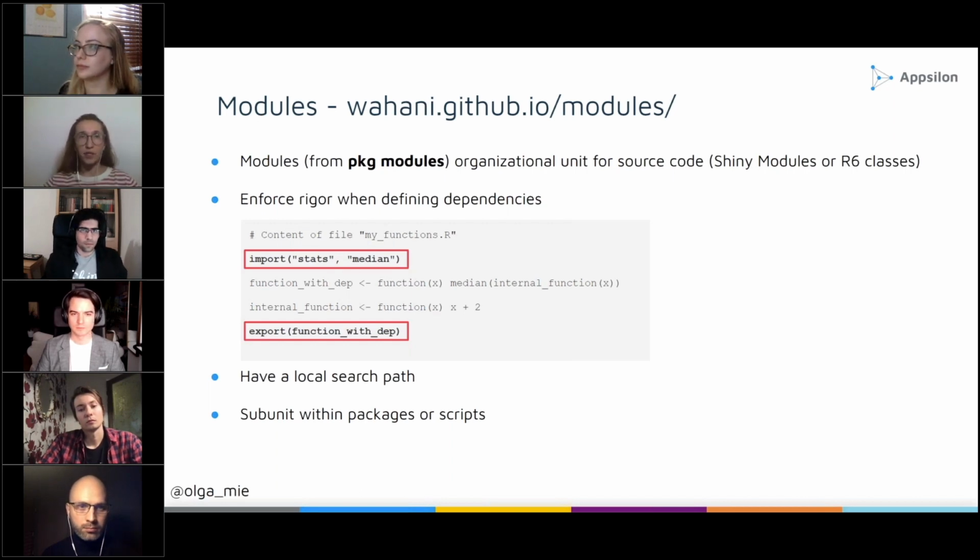The cool thing about them is that they enforce rigor when defining the dependencies. It means that you have to explicitly declare which functions or packages your code is using, and you have to import them. And you also have full control of the things that are available outside the module, because you have to export them using the export function as shown here in the example. Additionally, they have a local search path, and they can be used as a subunit within a package or in scripts.